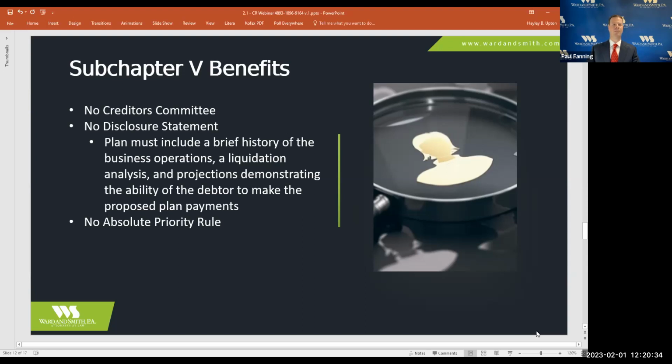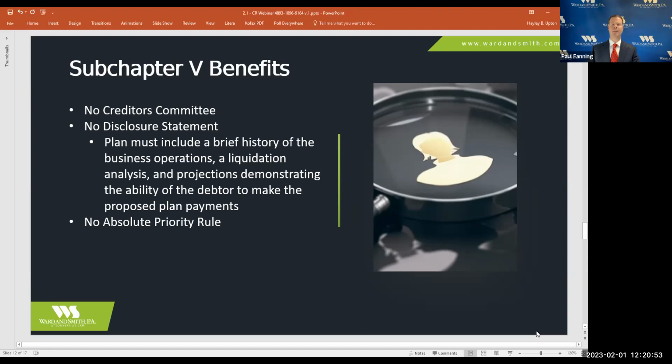First of all, we've talked about the Sub 5 trustee. Those are appointed by, in North Carolina, the bankruptcy administrator. In other jurisdictions, it would be the U.S. trustee, but they're appointing a Sub 5 trustee in all these cases.